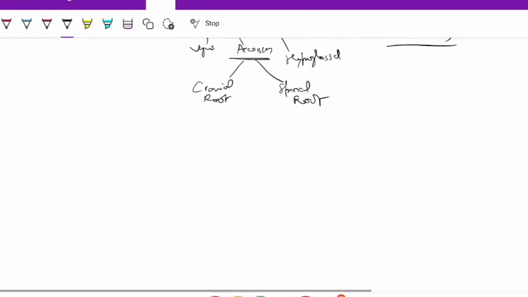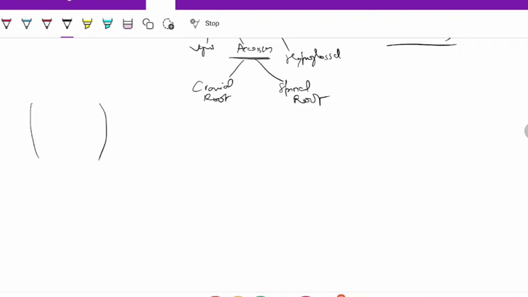From our previous knowledge we know that cranial nerves follow an equitable origin distribution: 3 and 4 from the midbrain, 5, 6, 7, 8 from the pons, and 9, 10, 11, 12 from the medulla. Since we are discussing 10, 11 and 12, all three nerves originate from the medulla. So we are going to draw a medulla over here. This is your medulla.